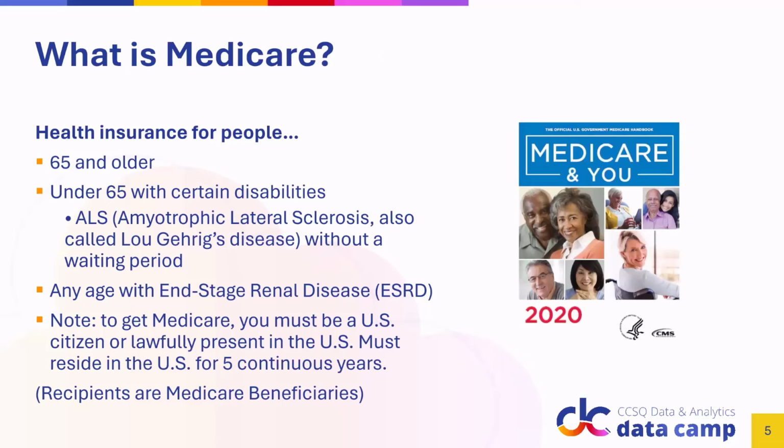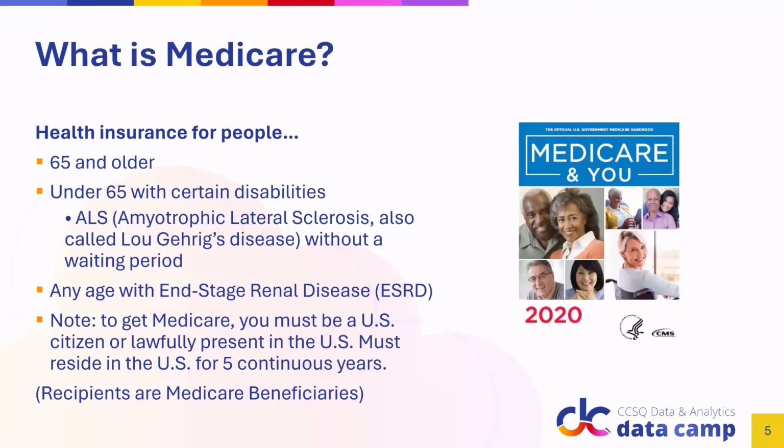So what is Medicare? It's a health insurance for people who are 65 years or older, or under 65 with certain disabilities such as ALS, also called Lou Gehrig's disease, or for any age with end-stage renal disease, and there is eligibility to be a U.S. citizen or lawfully present in the U.S. for 5 years.